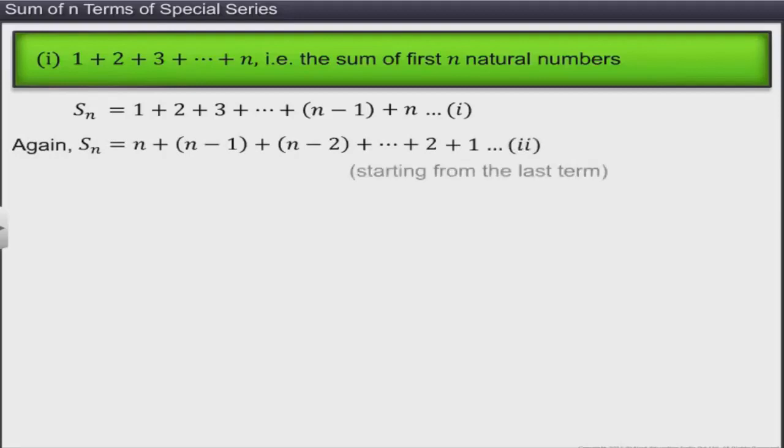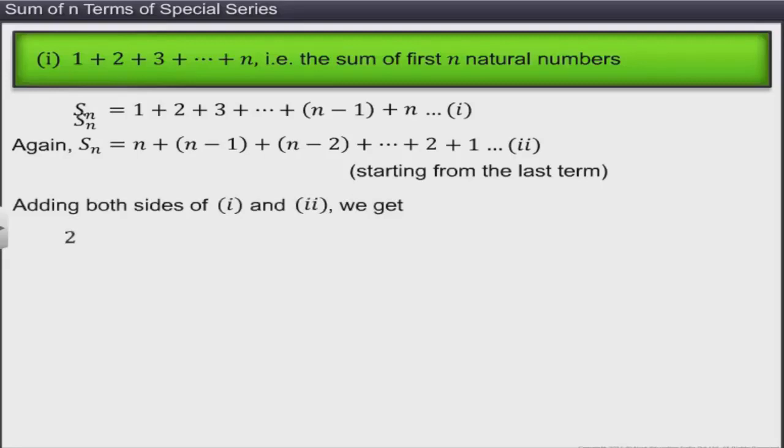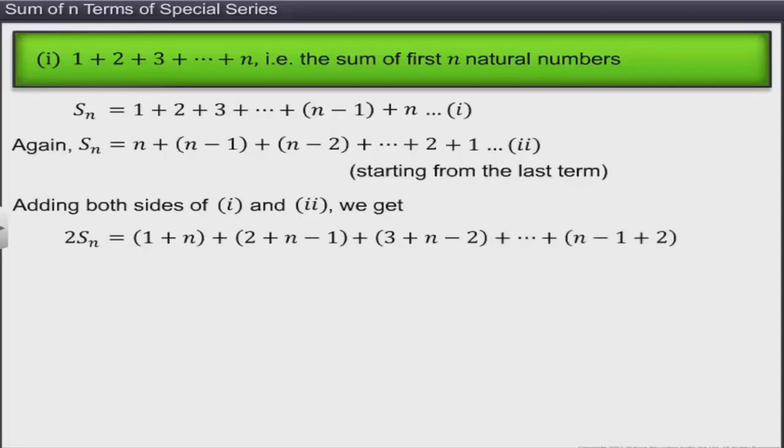Adding both the sides of equation 1 and equation 2, we get 2 times Sn is equal to (1 plus n) plus (2 plus n minus 1) plus (3 plus n minus 2) and so on up to (n minus 1 plus 2) plus (n plus 1).